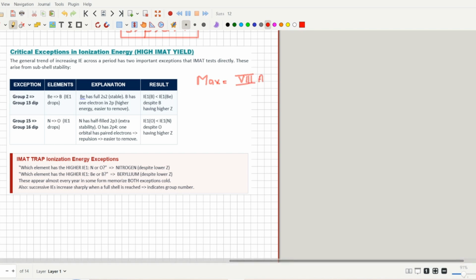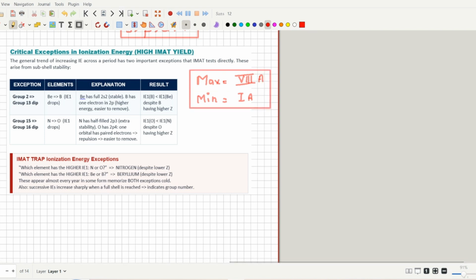As you know, noble gases are the most stable elements in the periodic table, so removing electrons from really stable elements is really difficult. So helium, neon, argon, krypton, xenon and radon have really high ionization energy. And for the minimum, the 1A group elements have the minimum ionization energy. They have one electron in their valence shell and can easily lose that electron. This was something I thought you should know.